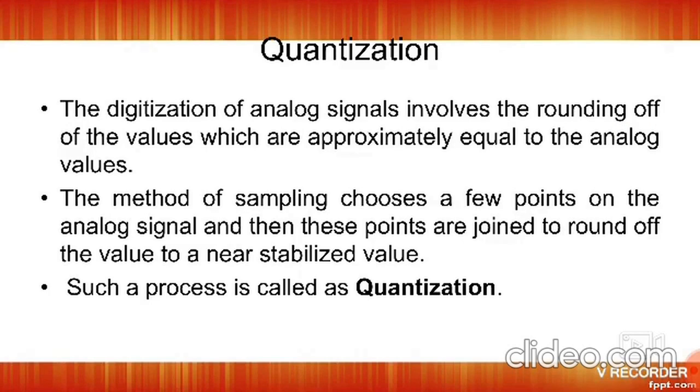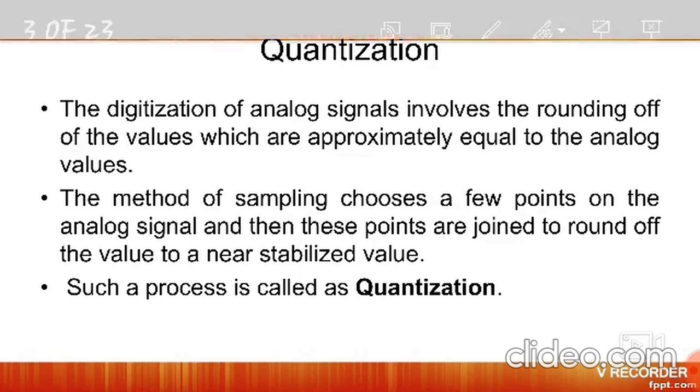Now the amplitude, which is continuous, is converted after quantization to discrete level amplitude values, and this is called quantization. The method of sampling chooses a few points on the analog signal, and these points are joined and rounded off to the nearest values. Such a process is called quantization.